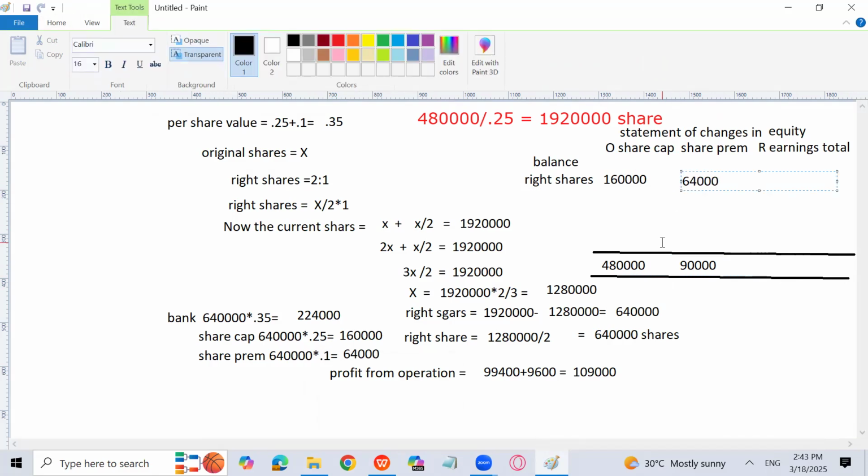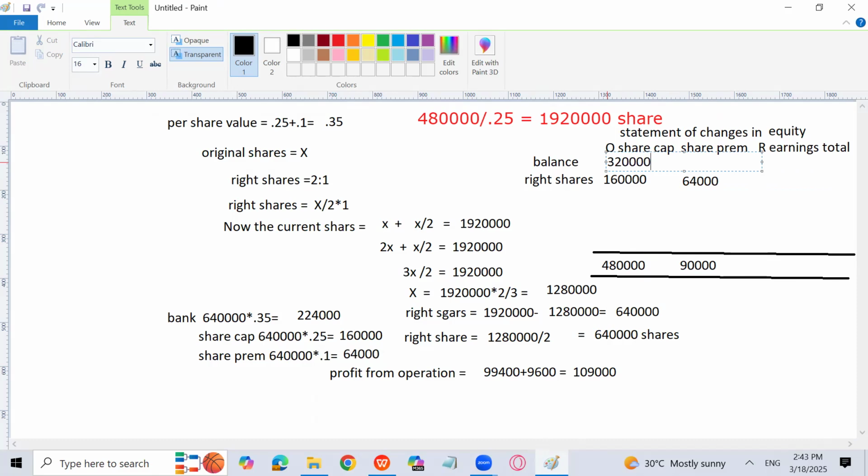Now you can go reverse to find the opening balance of the ordinary share capital. That is 4,80,000 minus 1,60,000. How much? 3,20,000. Right? So these are the amount of ordinary share capital. We can find the number of share also.